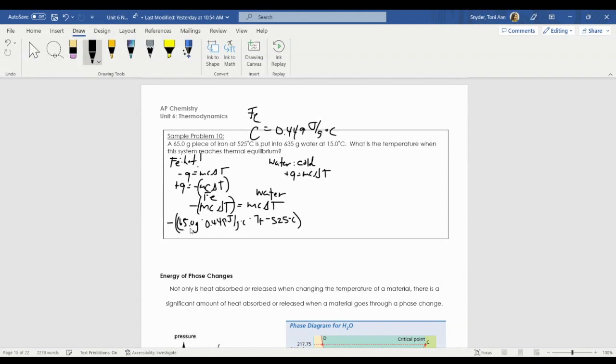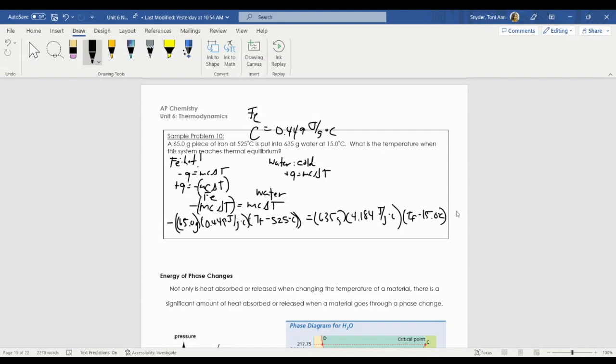If we want, we can do little parentheses around each of these. And that's equal to the mass of the water, 635 grams, times the specific heat for liquid water, 4.184. Again, I'm trying to find the final temperature of the water, so I subtract from that the initial temperature of the water, which is 15.